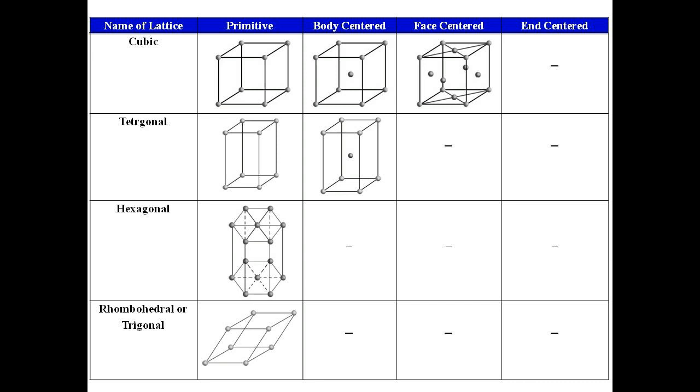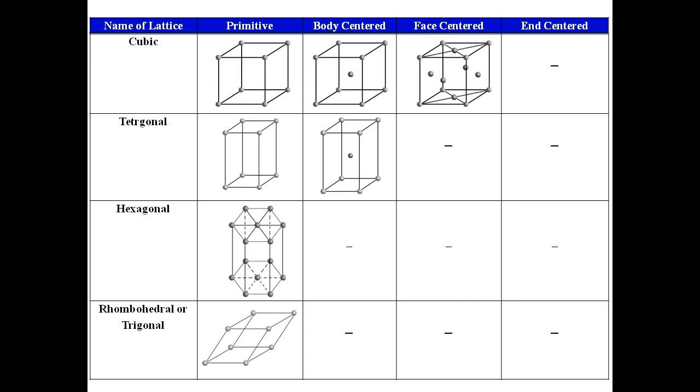1. Cubic cells have 3 types of lattices: primitive or P, body centered or BC, and face centered or FC. 2. Tetragonal cells have 2 types of lattices: P and BC. 3. Hexagonal cells have 1 type of lattice, P. 4.